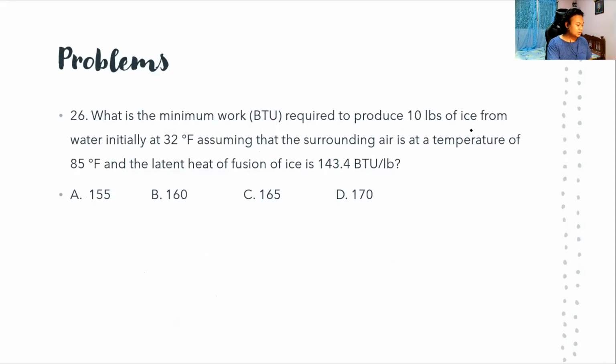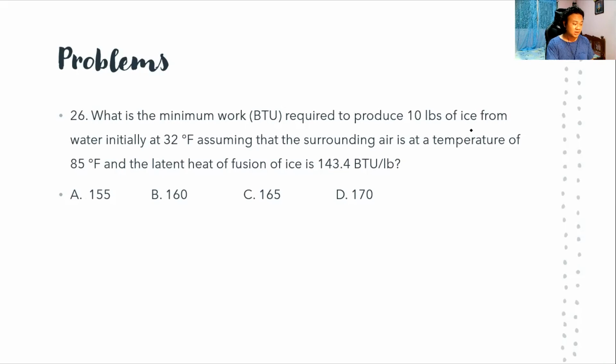So we are asked to find the minimum work. So minimum work in BTU required to produce 10 pounds of ice from water initially at 32 degrees Fahrenheit, assuming that the surrounding air is at a temperature of 85 degrees Fahrenheit and the latent heat of fusion of ice is 143.4 BTU per lb.